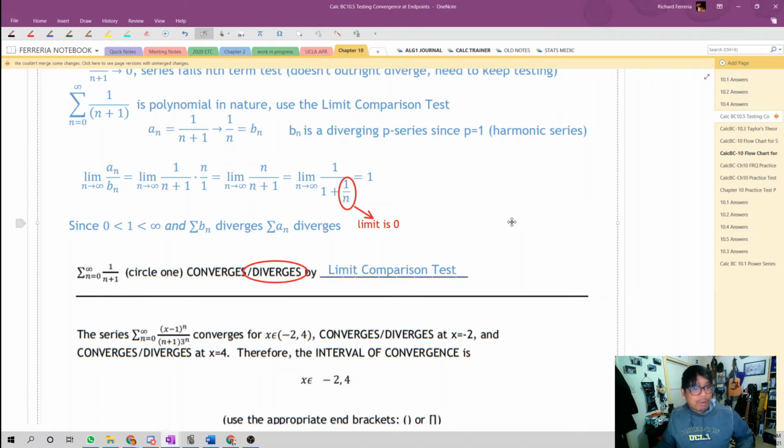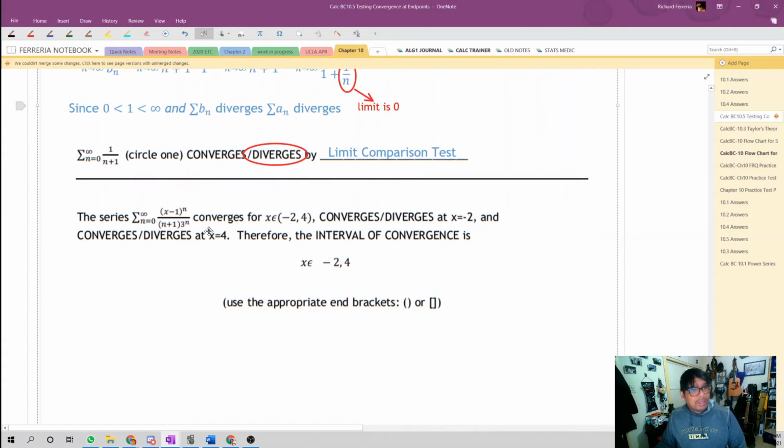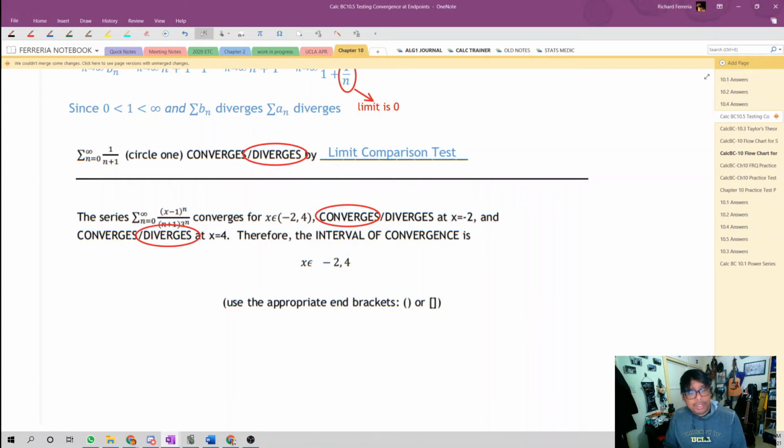So in summary, we've got this series is going to converge absolutely for -2 to 4. It's going to converge at x equals -2, and it's going to diverge at x equals 4. Therefore, the interval of convergence is a bracket at -2 for the convergence and a parenthesis around 4 to show divergence.